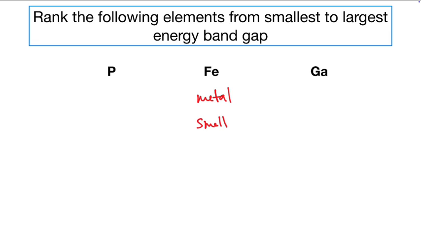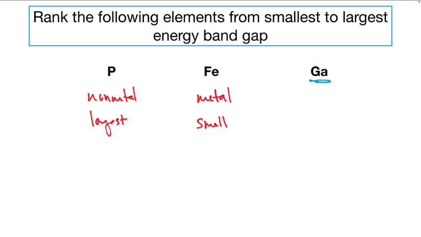If I looked at an element further to the left of iron, we might predict it to have a smaller band gap. But since iron's a metal, we're looking at a non-existent band gap as far as we're concerned. We could then go through and look at phosphorus. Where's phosphorus? It's a non-metal, which means this is going to be our largest.